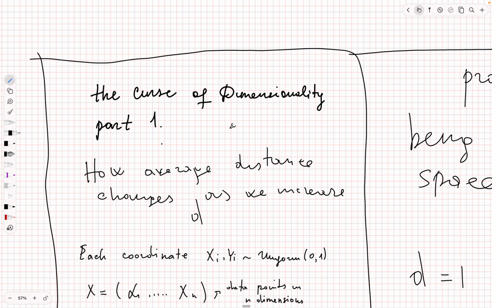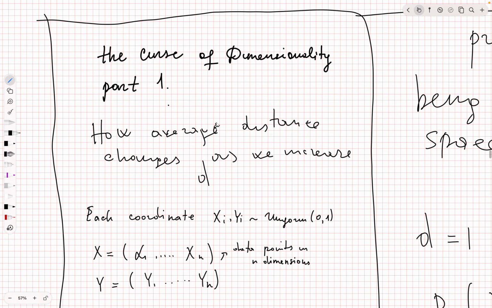For example, let's say we are doing clustering, or we need a way to classify points. How do we do it? We measure the distance between points, and then based on this distance, we conclude, okay, these points belong to a specific pattern. But once we increase the number of dimensions, our machine learning model's ability to do it decreases, and we're going to see why.